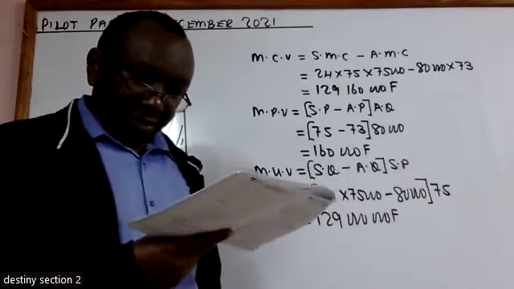So let's start with the high-low method. When you're taught to use the high-low method, we use the equation whose format is y equals a plus bx.